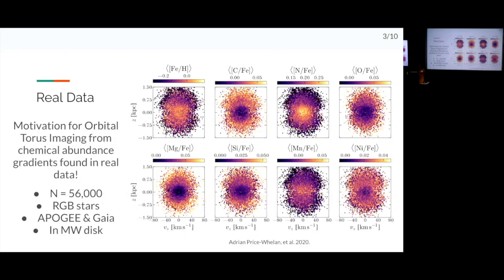Multiple elements? Are you just planning on sticking with metallicity? Where do you plan on going? I'd like to consider the different elements. Like you said, there are different ones here, like carbon or nitrogen, and they obviously have different trends from each other. That's something I'd like to look into in the future. I'm not exactly sure how yet.